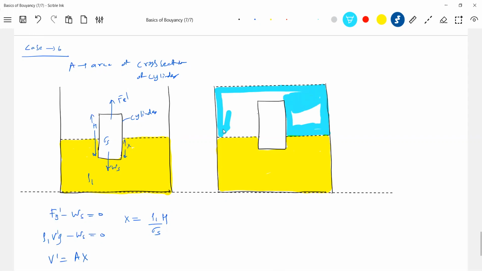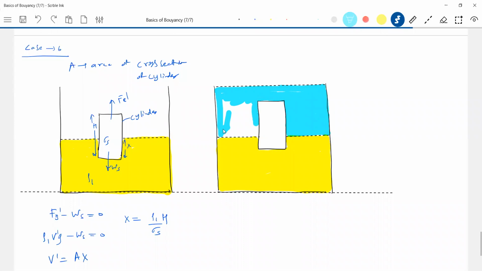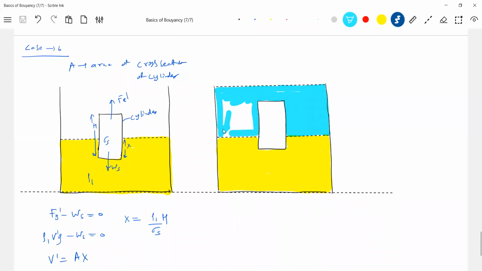Suppose some wood is floating in water. If you pour kerosene, will it mix with water or with wood? Nothing will happen, so water and kerosene will not mix. Some part of the wood will be immersed in kerosene and some in the water.